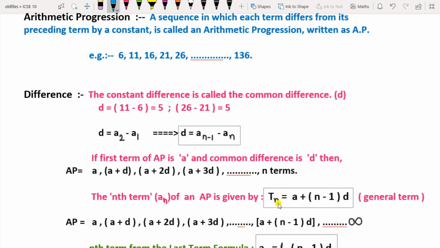Any term value you can find by using this formula. So suppose this is an AP: a, a plus d, a plus 2d, and so on. Any term in between is Tn equals a plus (n minus 1)d, and the progression goes on up to infinity.